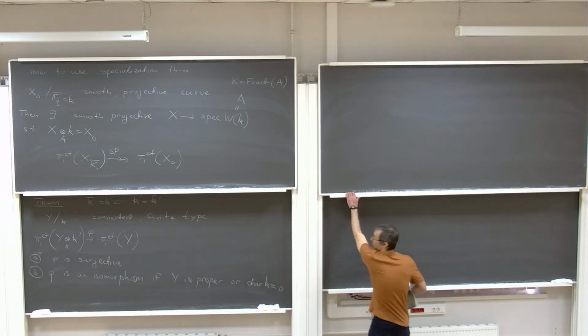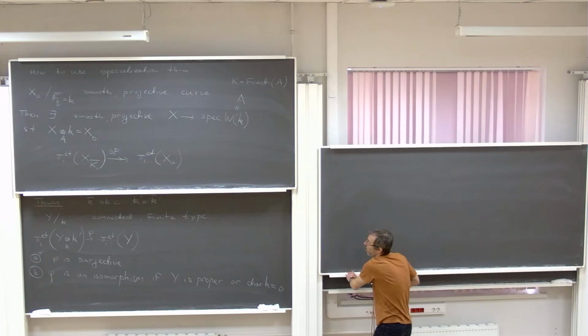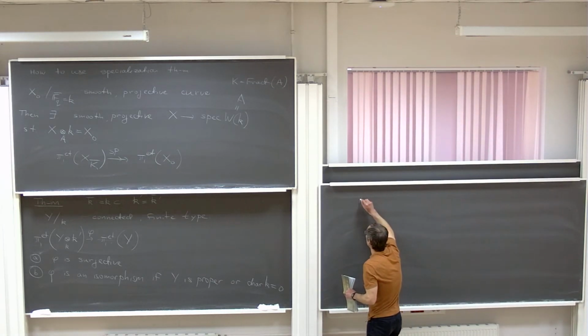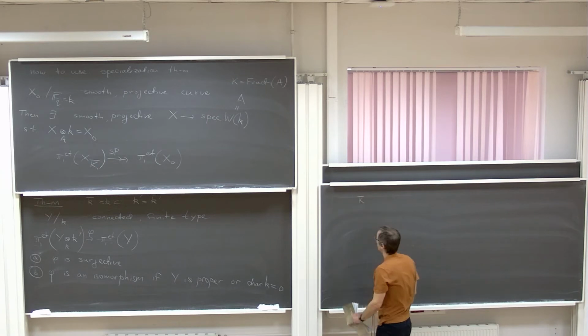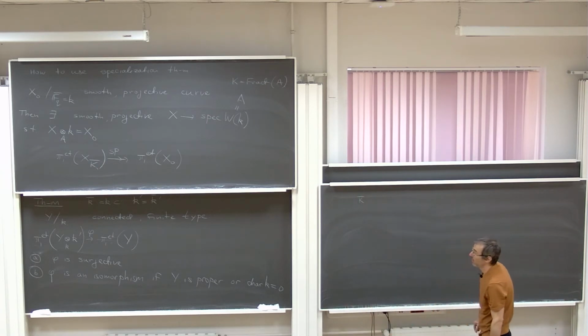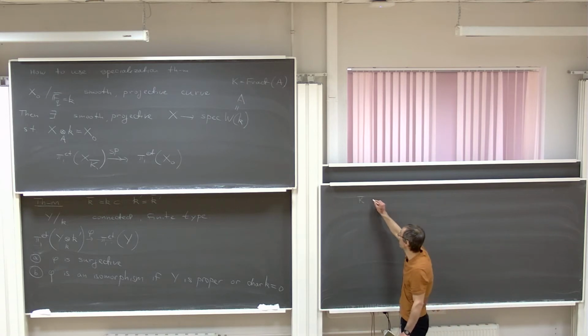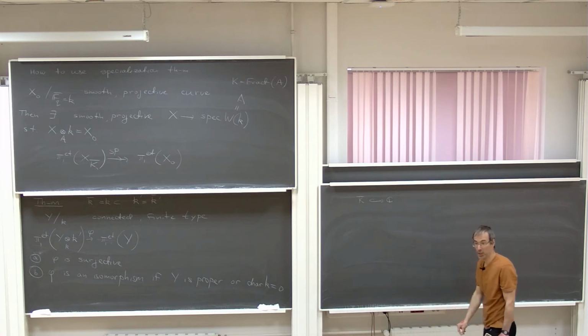So let's use it. K bar is an algebraically closed field of characteristic 0, and its cardinality is that of the continuum, so it can be embedded into the field of complex numbers. Such an embedding exists.